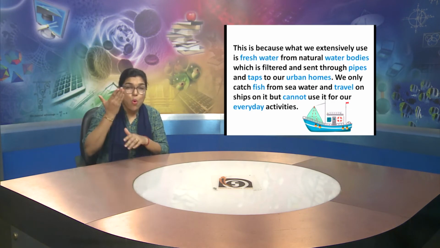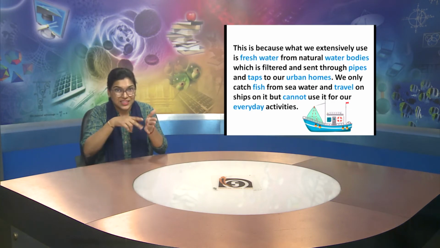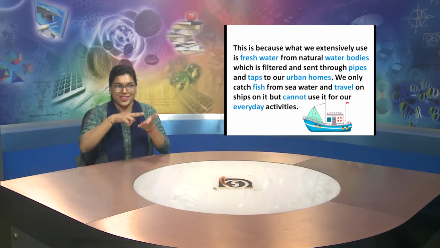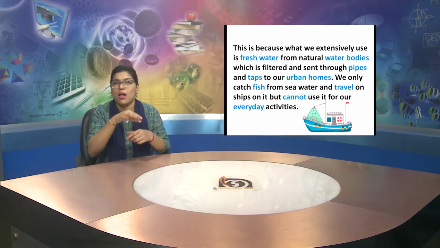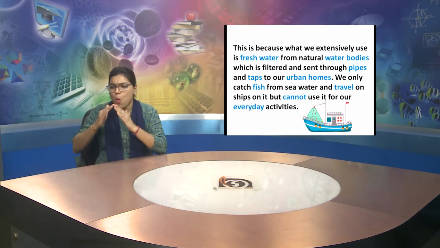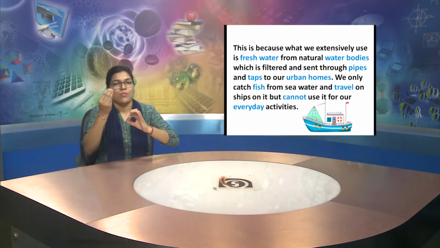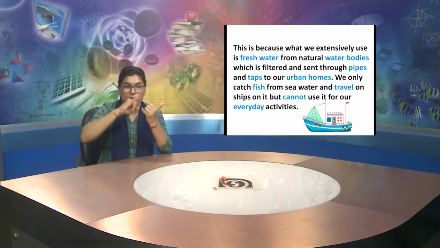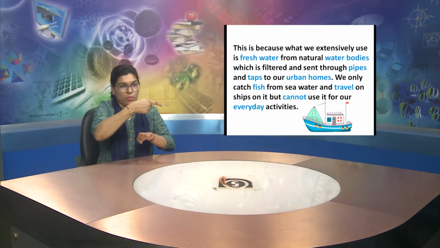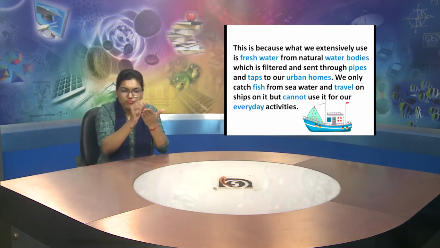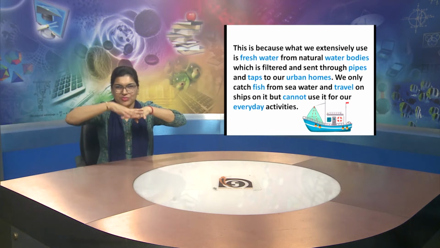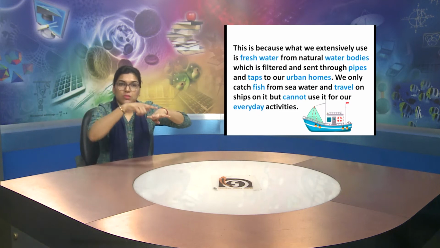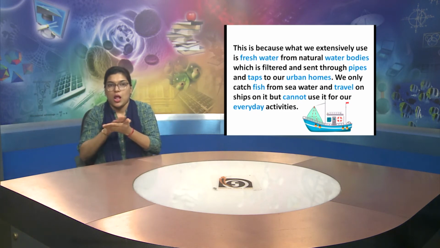And this scarcity of water is because we humans use the fresh water from the natural water bodies. And because we know that the natural water bodies have salt, those water bodies filter the water, and the filtered water is sent through pipes and taps to our urban homes.